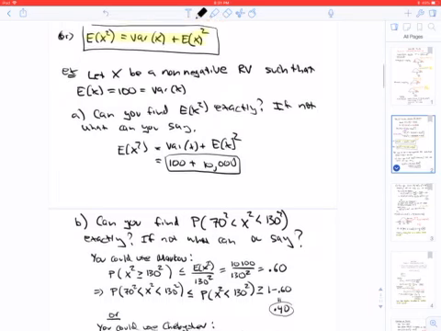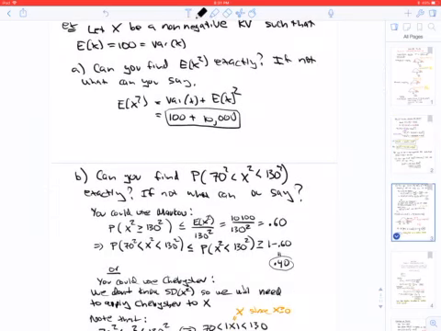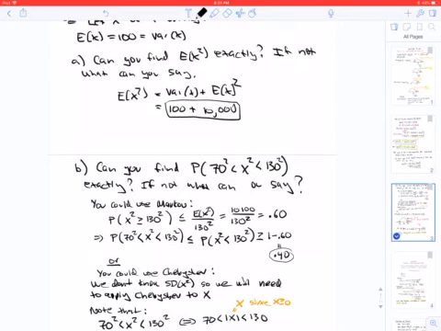So we got 10,100. Can you find the probability that x squared is between 70 squared and 130 squared? If not, what can you say? Well, we can say a lot here, just not exactly. So we could use Markov's inequality here.